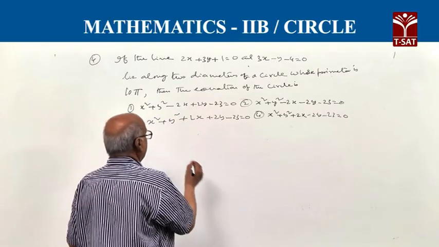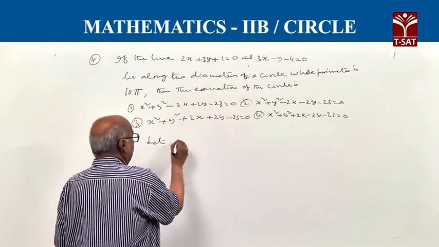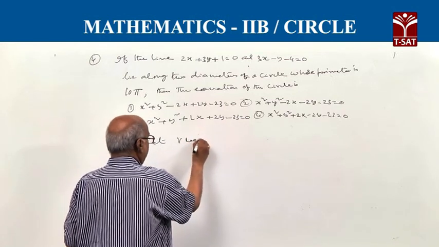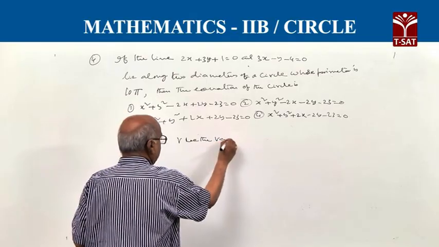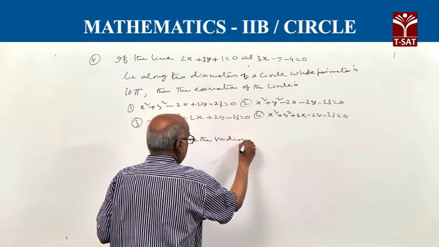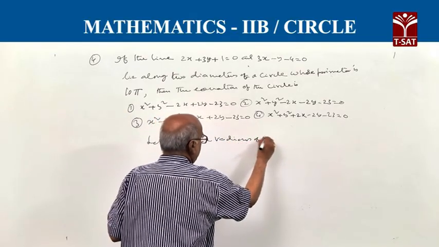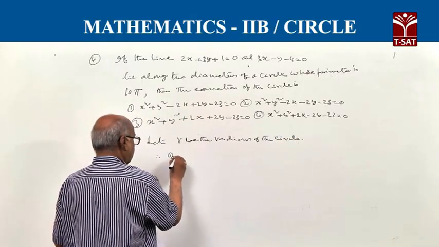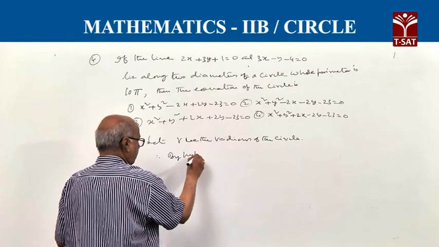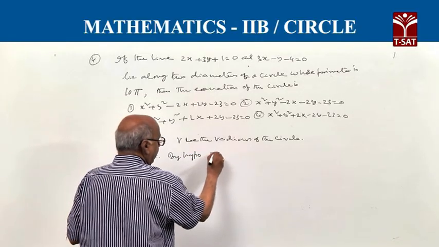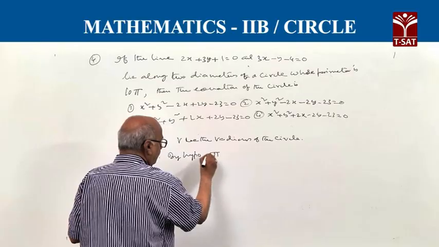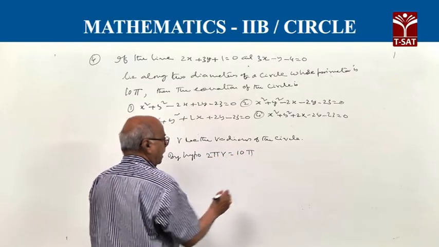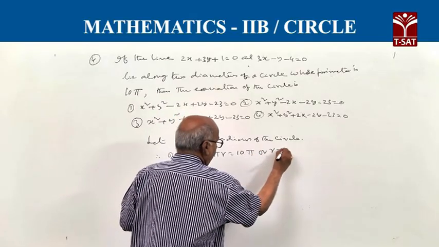Now, you know the solution. Let R be the radius of the circle. Therefore, by hypothesis, 2 pi r is equal to 10 pi, or r is equal to 5 units.